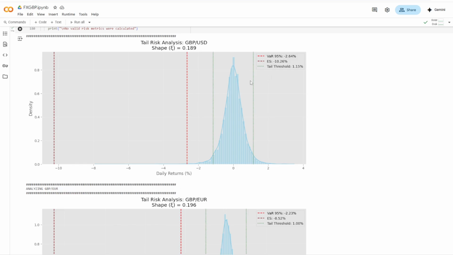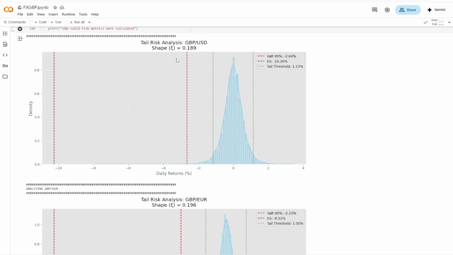Now here for cable, for pound dollar, we have a shape epsilon parameter of 0.189, and the tail threshold is 1.15%.